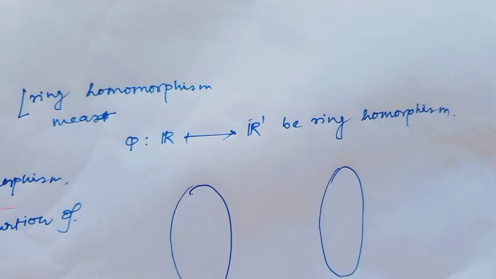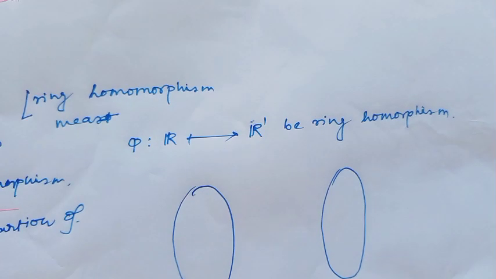Just recall the idea of ring homomorphism. Suppose there exists a mapping phi from R to R', which is a ring homomorphism.